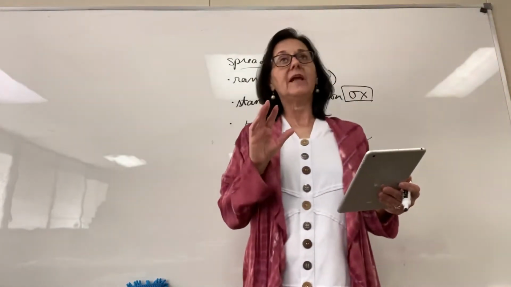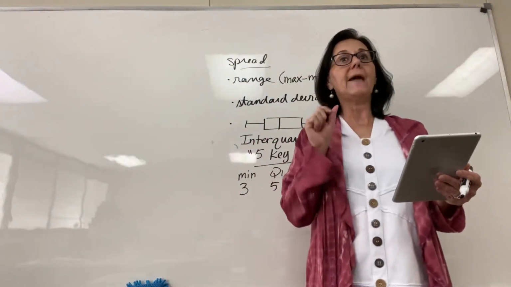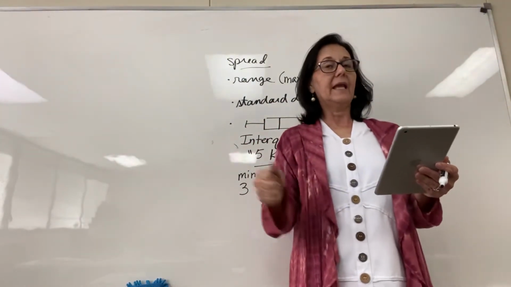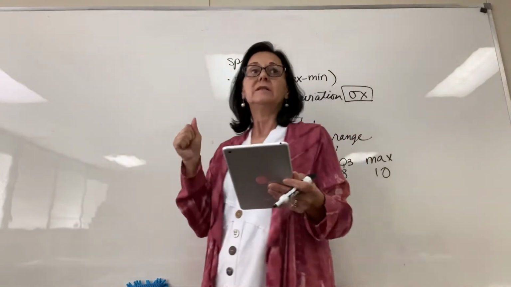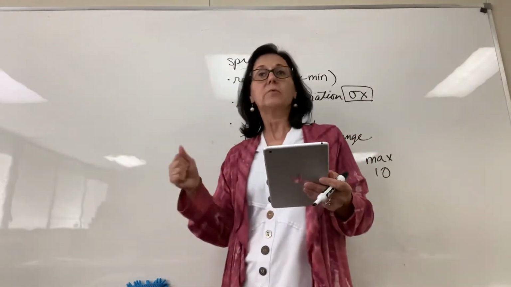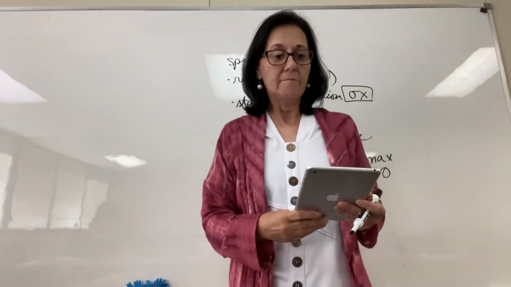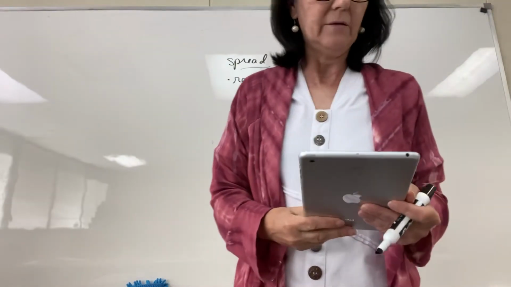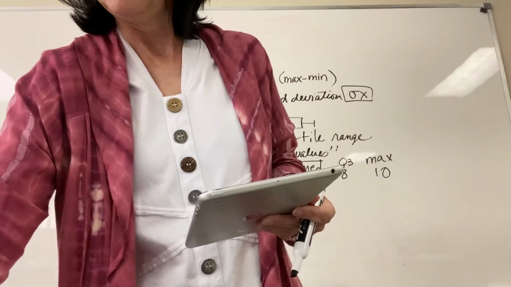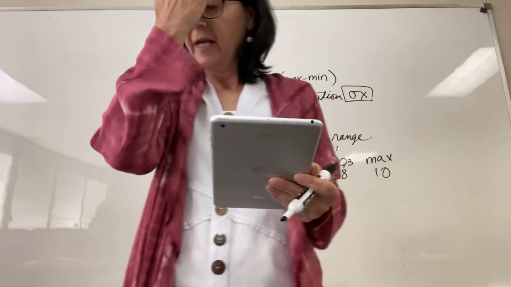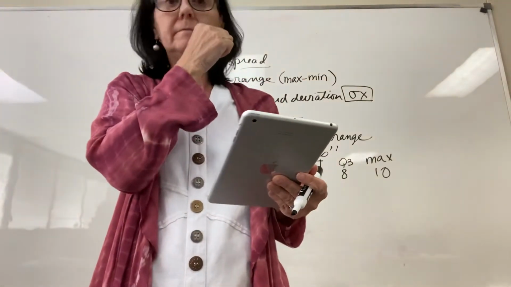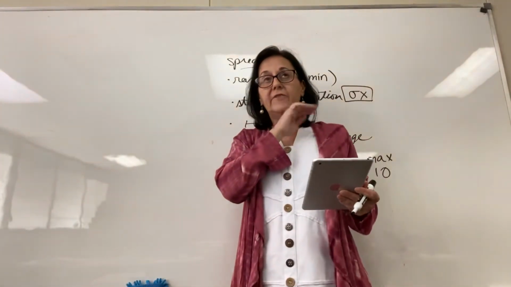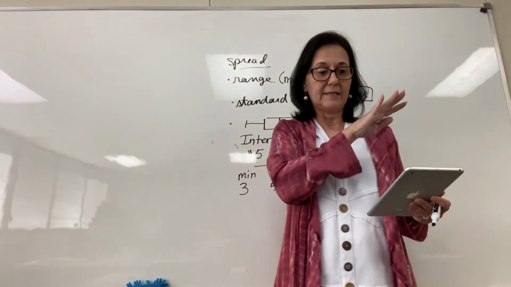And standard deviation really works best in a symmetrical distribution. That's really when it actually works. And we did some of this at the very end of Algebra 2. There was one lesson on this, all right?